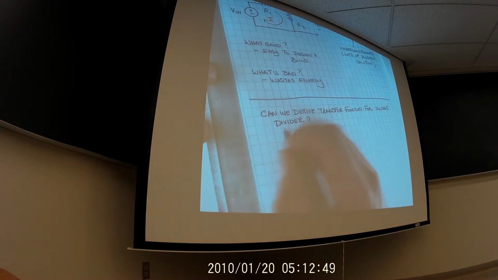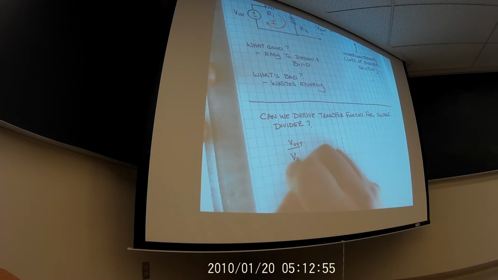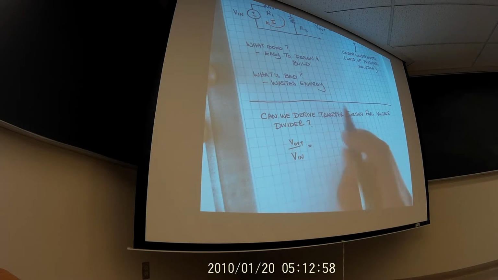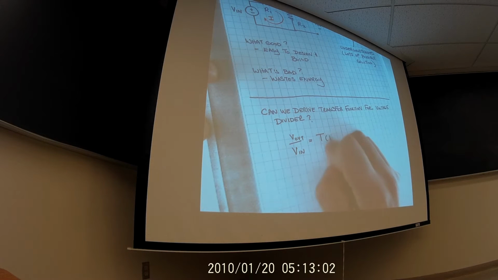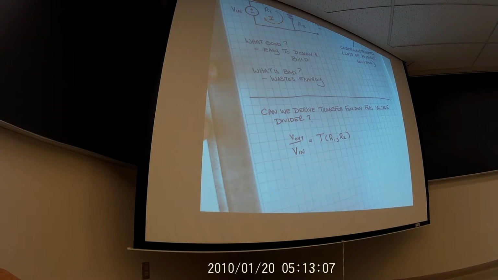So V out over V in is equal to some transfer function, which is in turn dependent on R1 and R2.